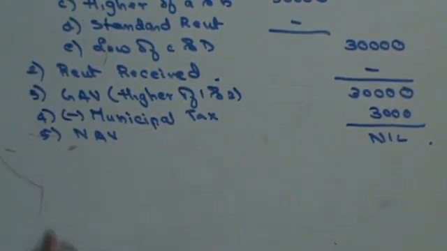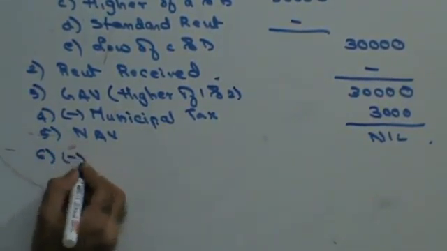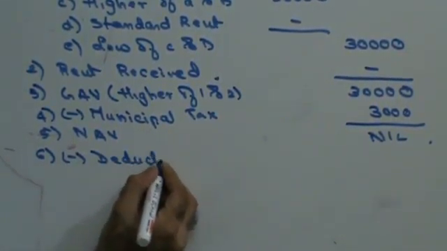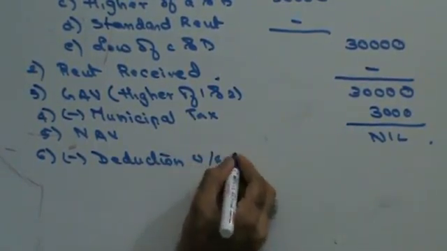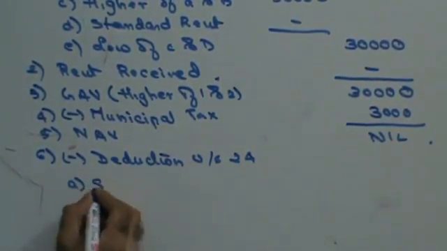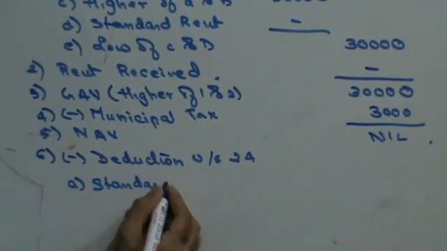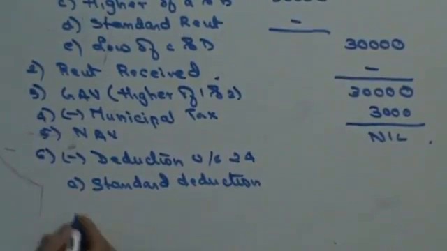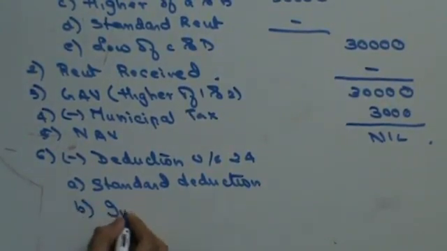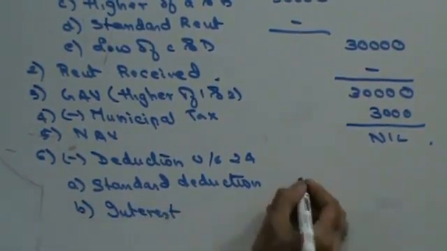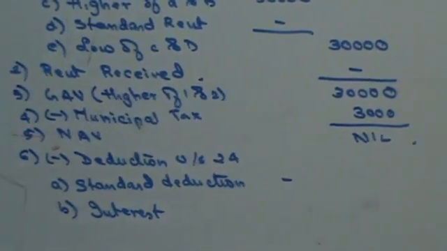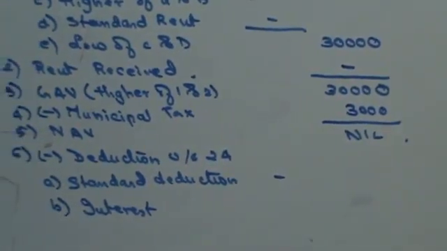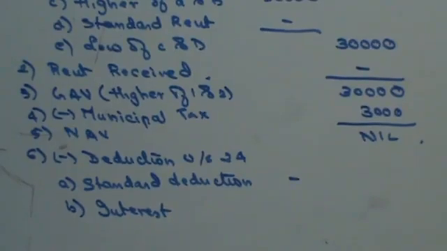Next, less deductions under section 24A, standard deduction, and interest. Since there is no NAV, the standard deduction will be nil. Repairs for house not to be considered, insurance for house not to be considered, interest on loan taken for construction of the house 7,000.